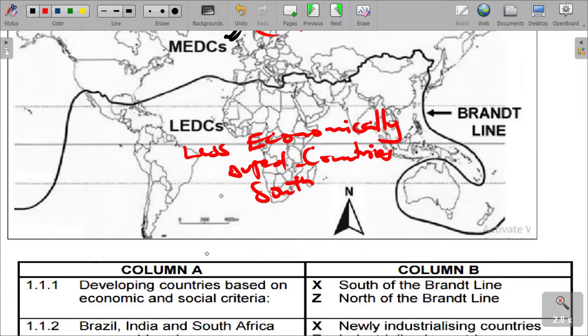So these countries are south of the Brandt line, which you can see here. Like I said, this is the south, and above the line is the north. So they are south of the Brandt line, making our answer to be X.